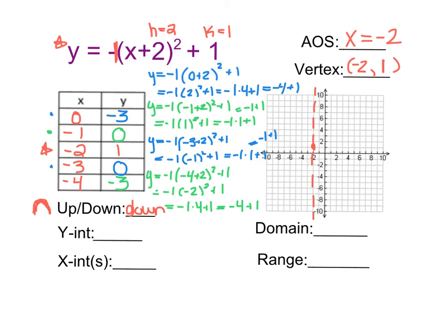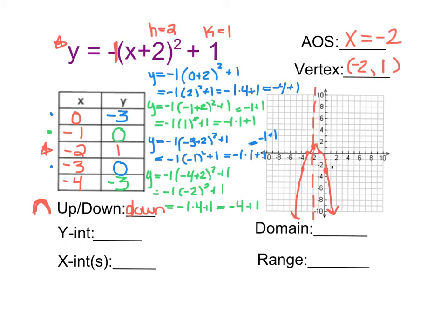So now if I take all of these and I actually plot them, so I have -1, 0, and 0, -3, and I then have -3, 0, and 4, -3, I can start to see the nice shape with symmetry of my quadratic graph. Then finally here, my last piece is to find my y-intercepts and my x-intercepts, domain and range.